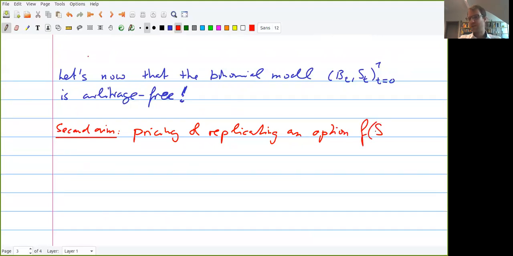An option, as we have seen, is just a function acting on the underlying price at time 1, because we have only one future time step. And f is just a deterministic function from R to R. What are the examples we have seen?